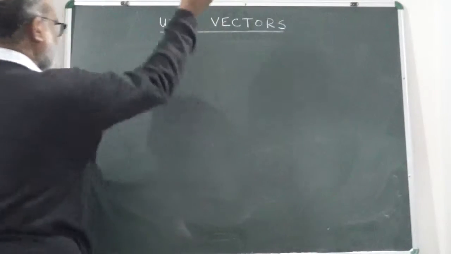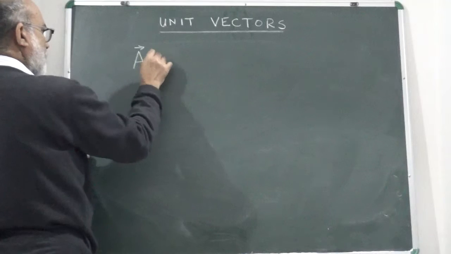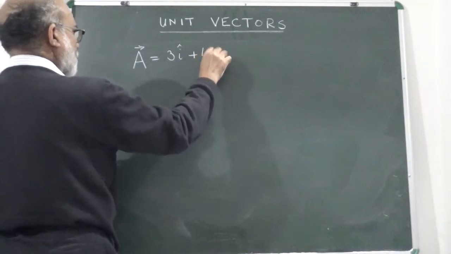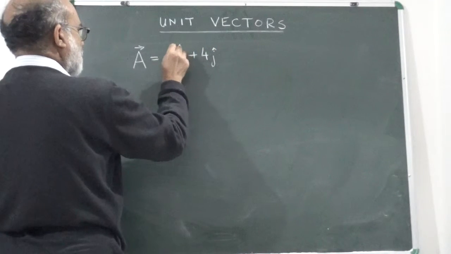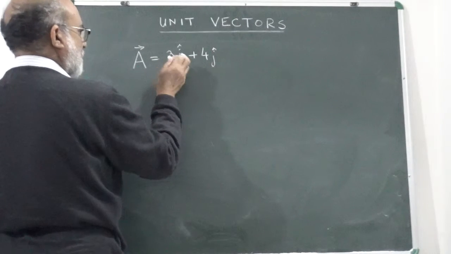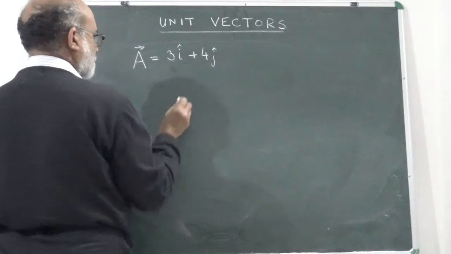So suppose there is a vector A equal to 3i plus 4j. This means that this vector has two components: its x component is 3 and its y component is 4.